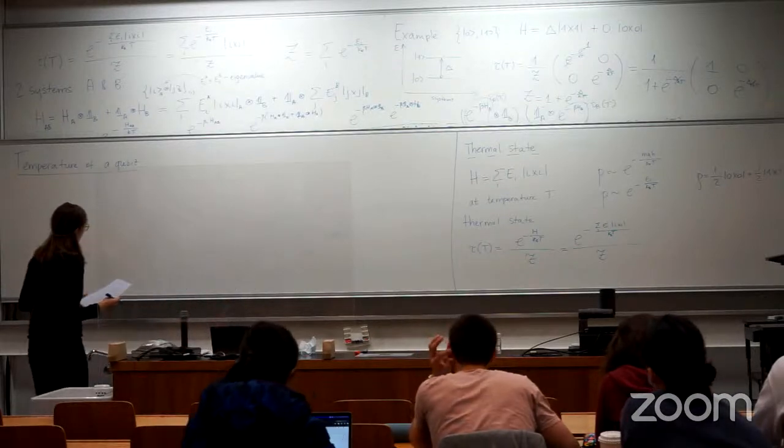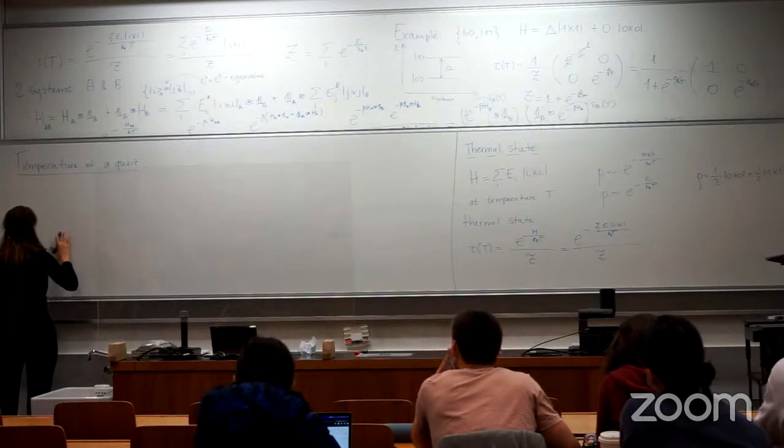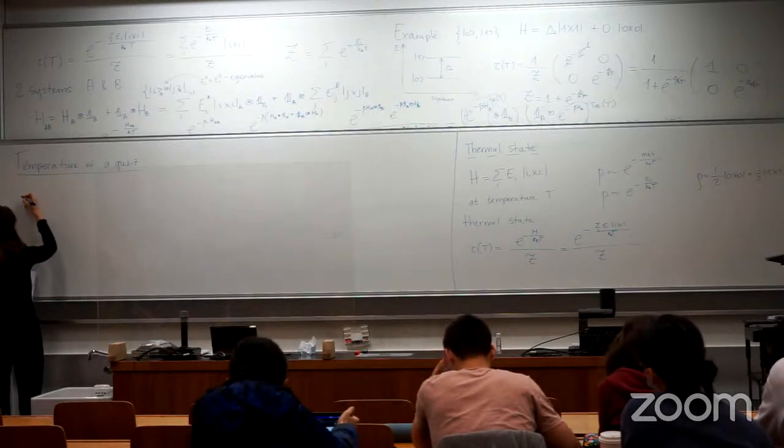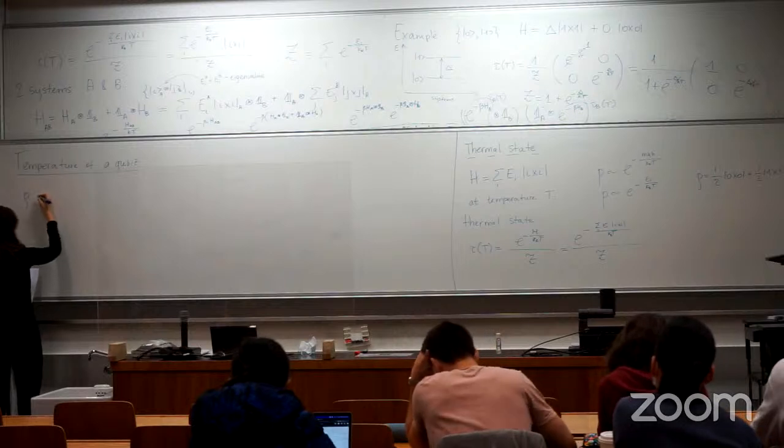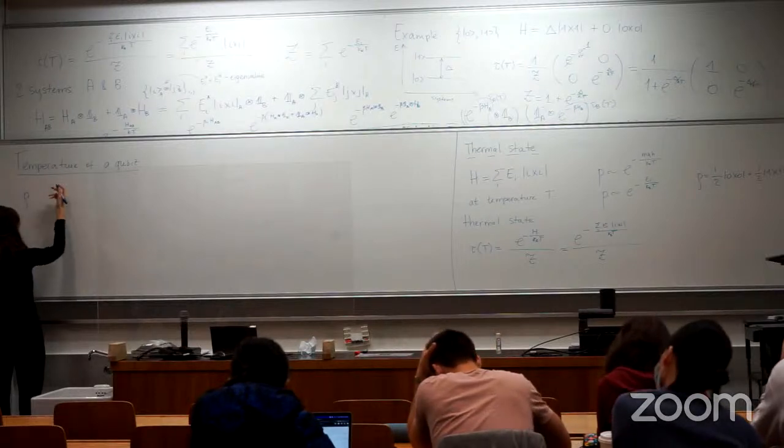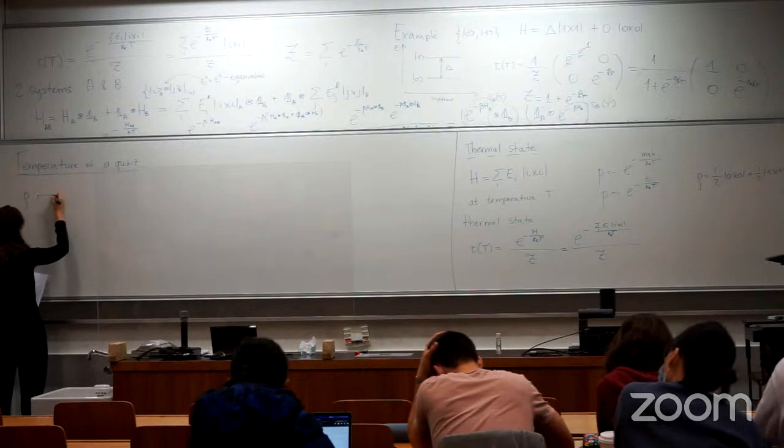So basically the procedure here is the following. We have some state of the qubit rho, which is a 2x2 density matrix. We can always diagonalize it.